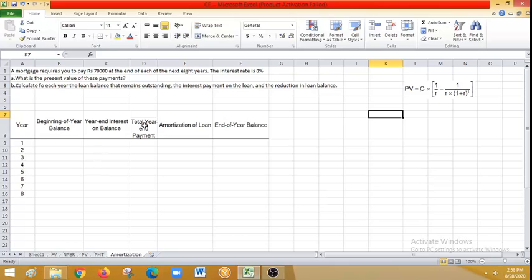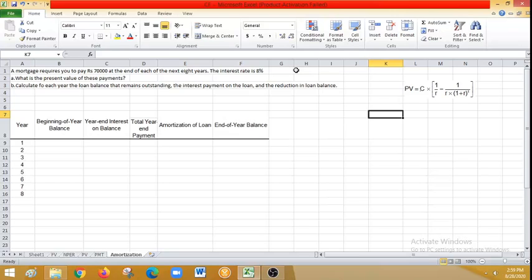Okay, so the example that I have here is a mortgage requires you to pay 70,000 rupees at the end of each year, and it is going to be paid for 8 years. Okay, and the interest rate of this loan is going to be 8%. You can see that 70,000 at the end of each year, for 8 years.